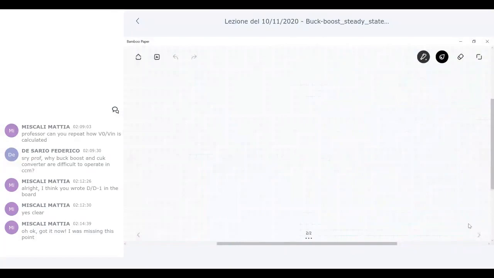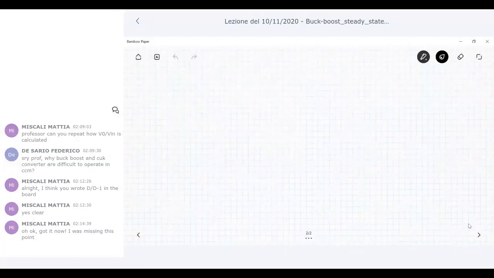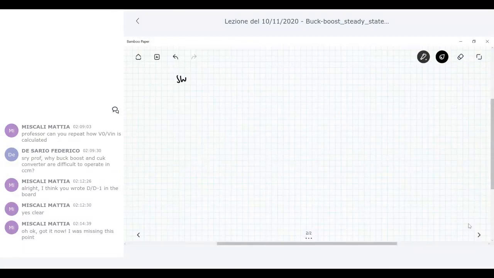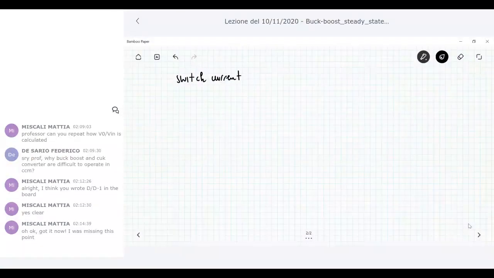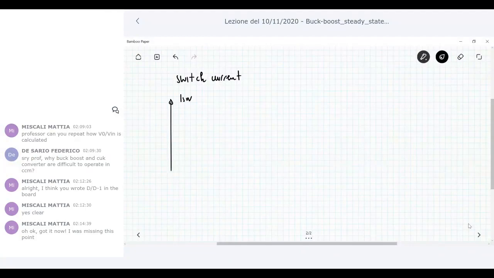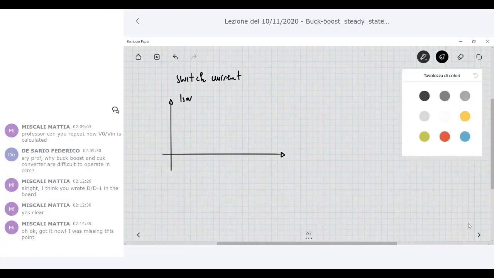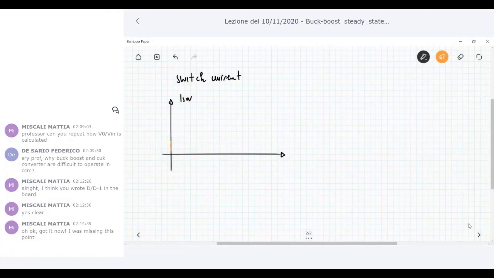Let's continue discussing this CCM waveform of the current, for example, taking into account the switch current. The switch current is the current that flows through the inductor when the switch is closed. So we can draw this switch current, I switch, in this way.